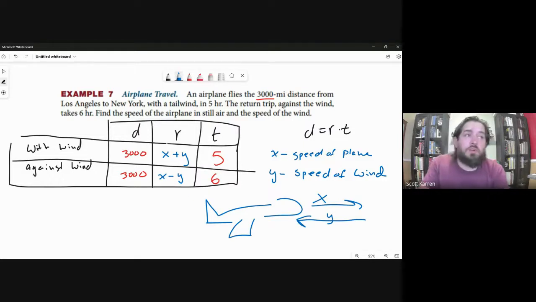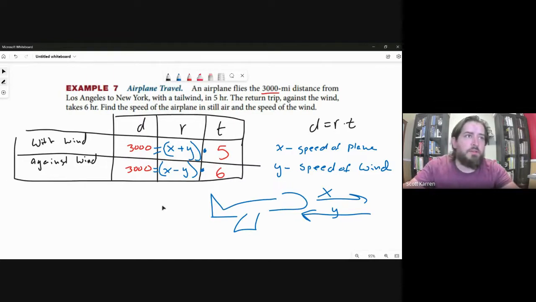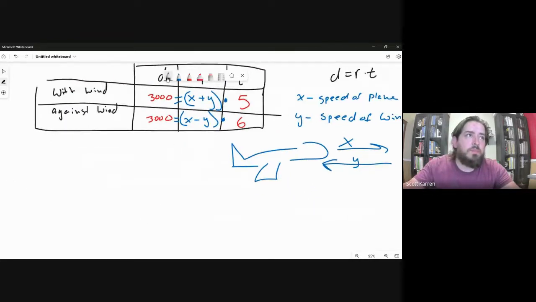These two are going to create my equations. It's distance equals rate times time. Those are my two equations, just sitting right there, waiting for me to write them down. So I have 3,000 equals x plus y times 5. I'm going to write it as 5 multiplied by x plus y.